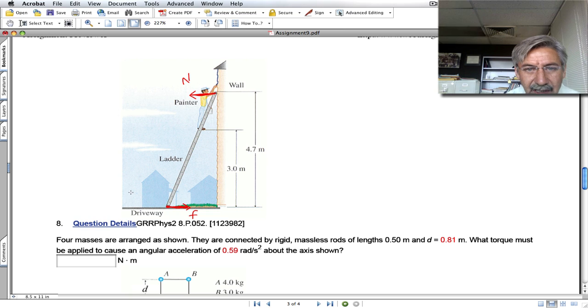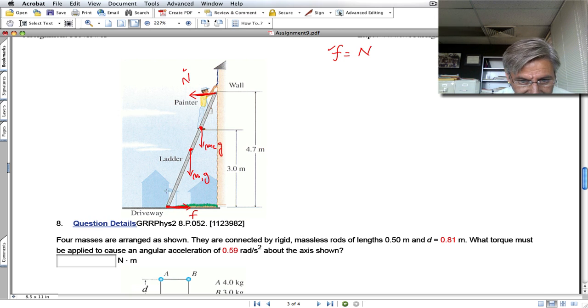Those are the only horizontal forces on the problem, so the force of friction is equal to N. So if you want to find this, you just need to find that. And that you find with the torque, because, of course, the ladder has a weight, and it's also experiencing a force here, which is equal to the weight of the painter.